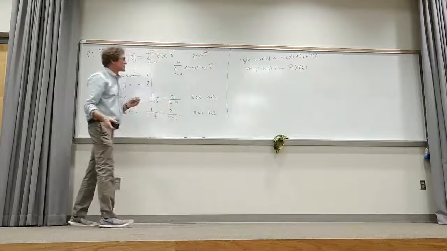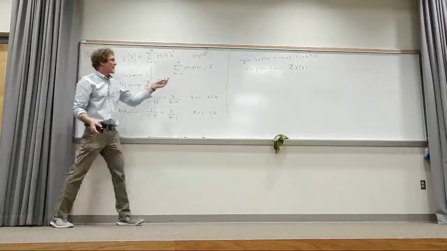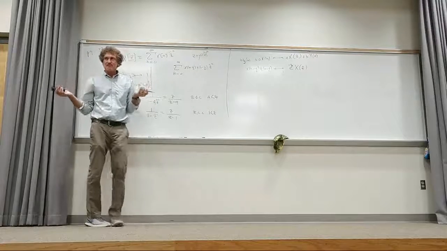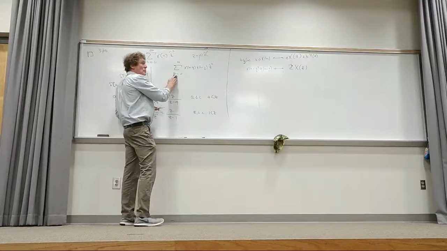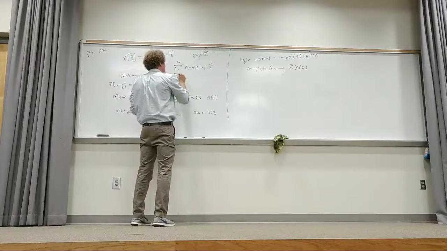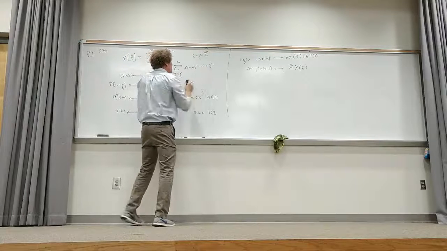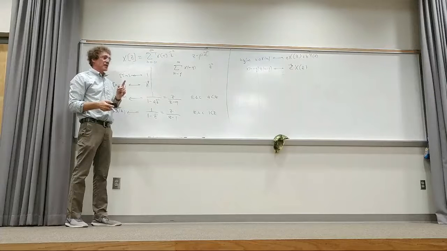Work with me on this one just for a second. You don't have to write it down, just look. What really happens when I have the u of n minus q? It starts at n equals q, right? And now I can get rid of this. Now I look at this right here, and I say what I'm going to do is a change of variable.